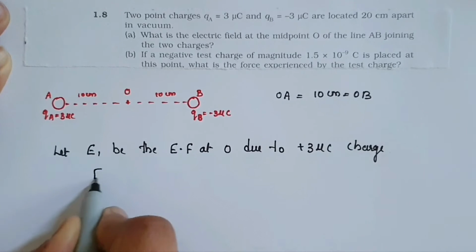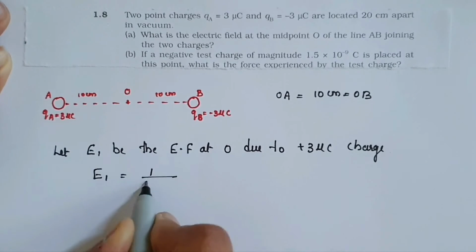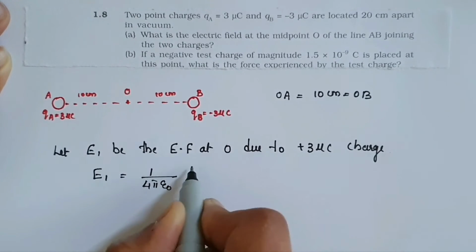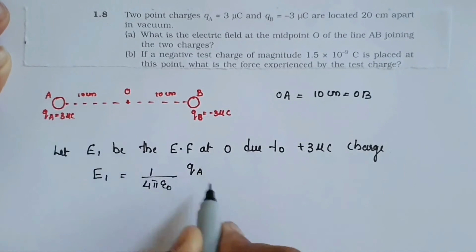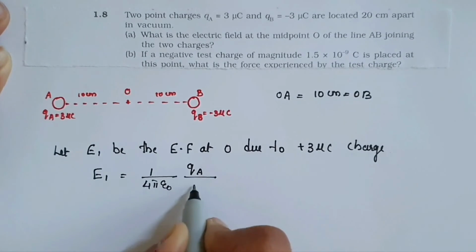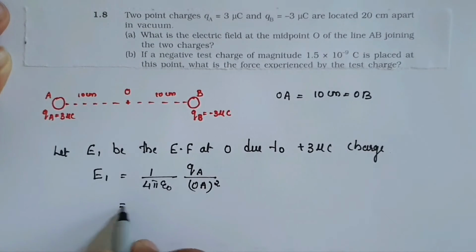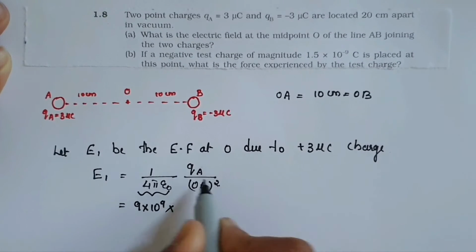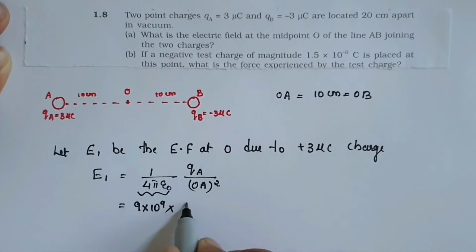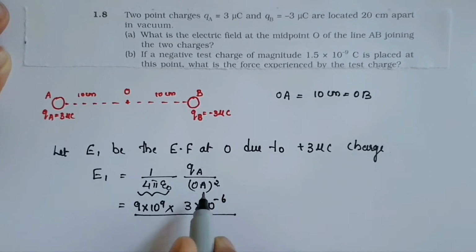Now what is E1? E1 is 1 by 4 pi epsilon 0 QA, that is charge at A, divided by OA square. This is equal to 1 by 4 pi epsilon 0, it is 9 into 10 raised to 9 into QA, that is 3 microcoulomb, so 3 into 10 raised to minus 6 coulomb, all divided by OA square, that is 10 into 10 raised to minus 2 whole square.